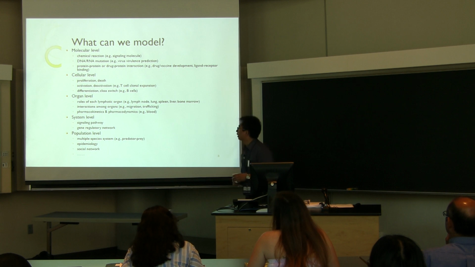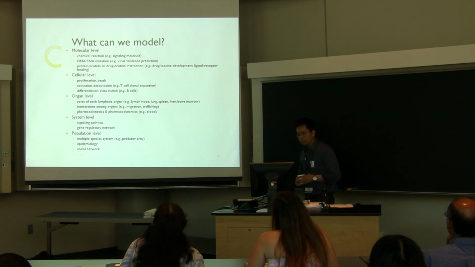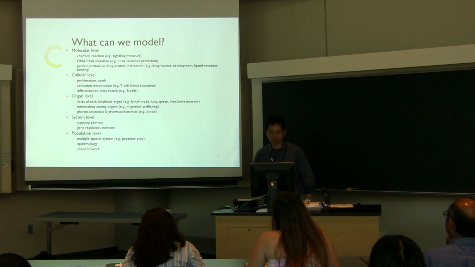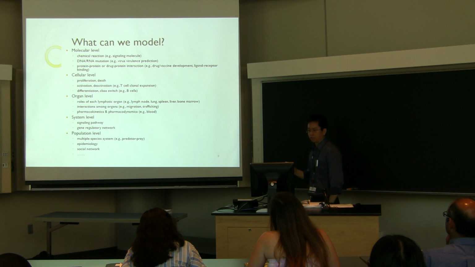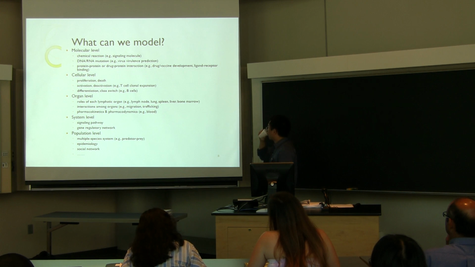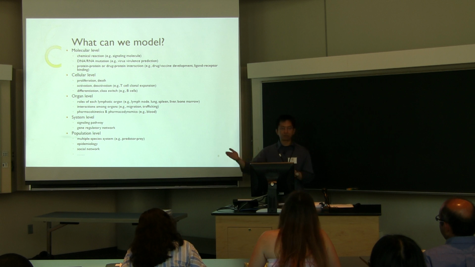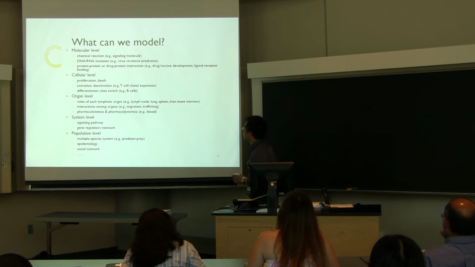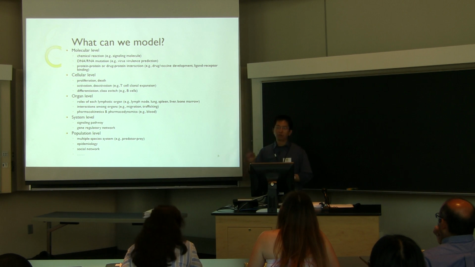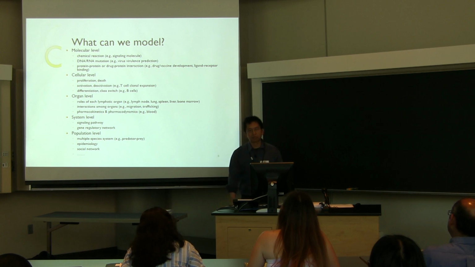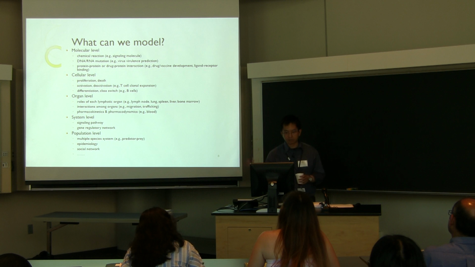At the organ level, you can compare the contributions of different lymphatic organs, for example the lymph node, lungs, spleen, liver, bone marrow. In a recent study, we compared the contribution of spleen with the contribution of lymph node. In that sense, you can identify which place is the major source of immune cells, to help you answer that kind of question.